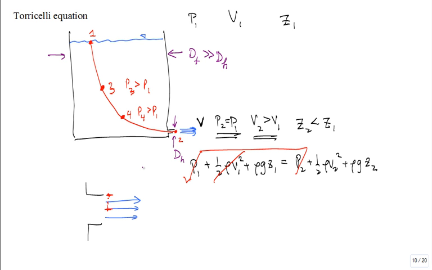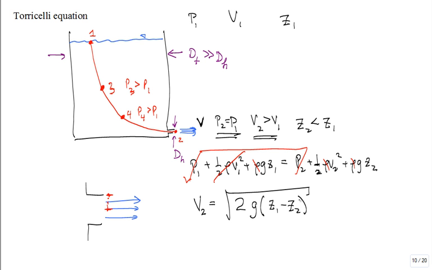And then we go ahead and cancel the rhos, and we now solve for the exit speed at 2, which is, that's what I did with this 1/2, I flipped it up, 2 times g times (Z1 minus Z2), take the square root.